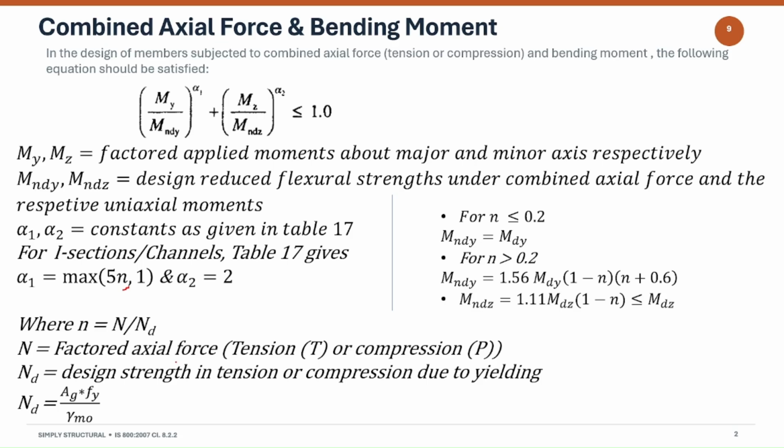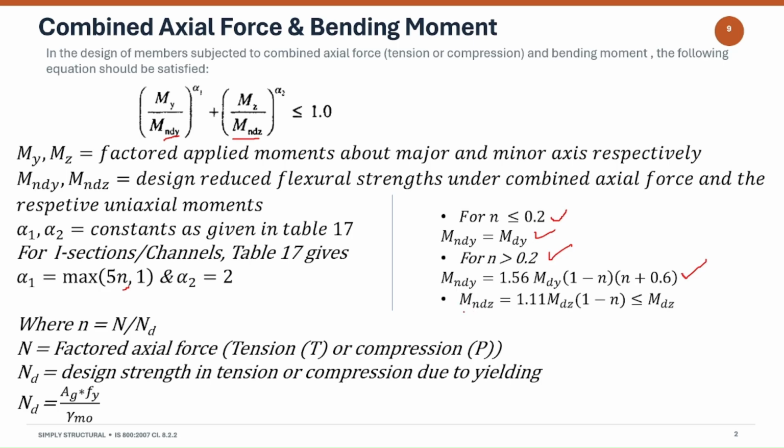Now in this equation, we also need to calculate the value of Mndy and Mndz. How to calculate that? If your n is less than 0.2, then the value of Mndy will be equal to Mdy. If it is more than 0.2, then it is given by this equation, which is dependent on n and Mdy.